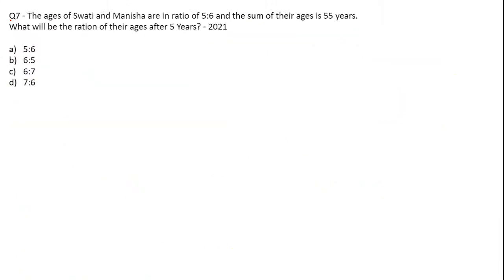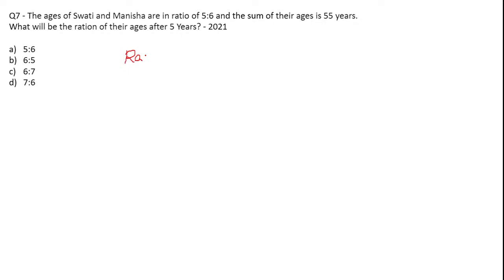So again this is a ratio and proportion question. So what is the question given? Let's see. We have been given the ages of Swati and Manisha, which are in the ratio of 5:6, and the sum of their ages is 55 years. What will be the ratio of their ages after 5 years?